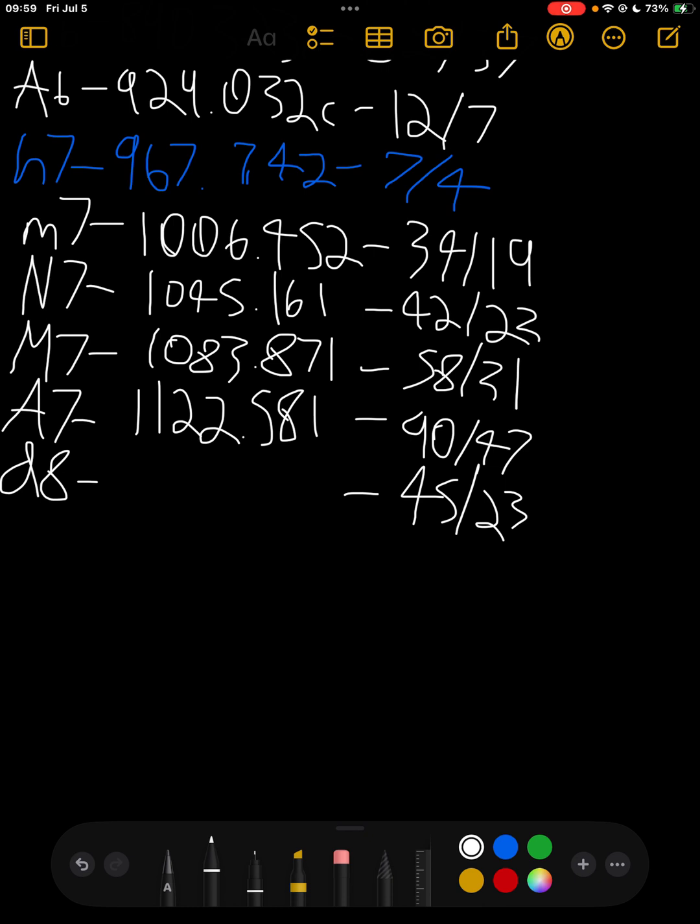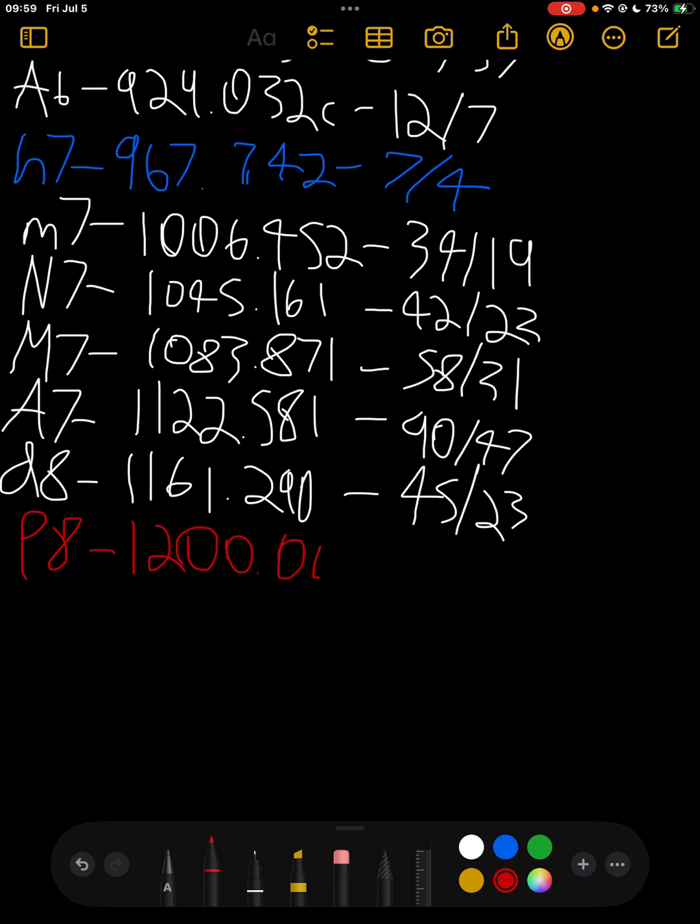Hold on just a moment. Diminished octave is 1161.29. And last but not least, the most important interval of them all, in my opinion, the perfect octave at 1200 cents. And it is a 2-to-1 ratio.